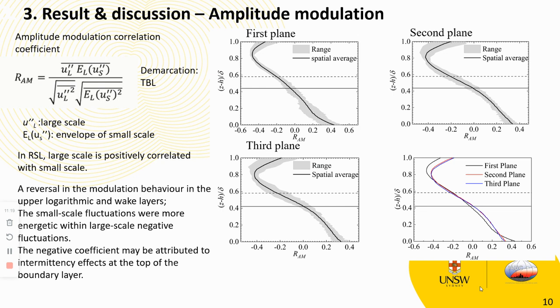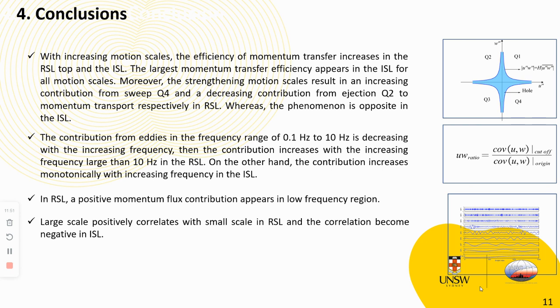And in the inner sublayer, the relationship is negative. It means in the RSL, the large scale turbulence accelerates the small scale turbulence. But in ISL, the large scale turbulence deprives the small scale turbulence. And this is the main conclusion.